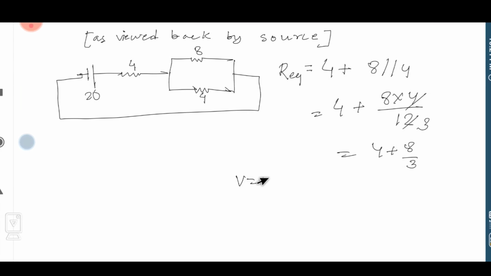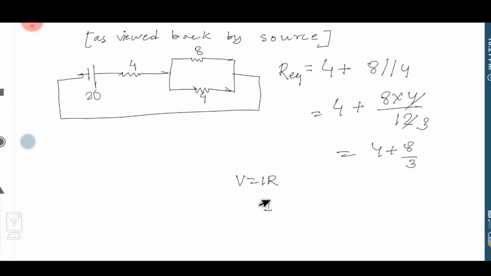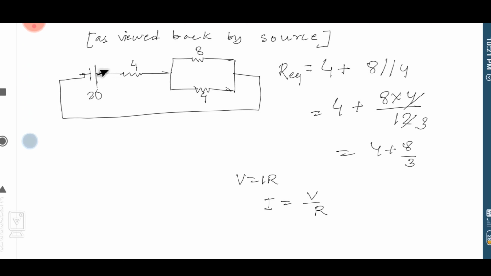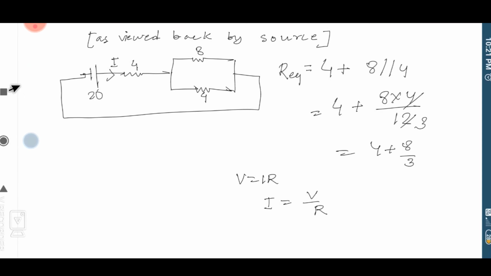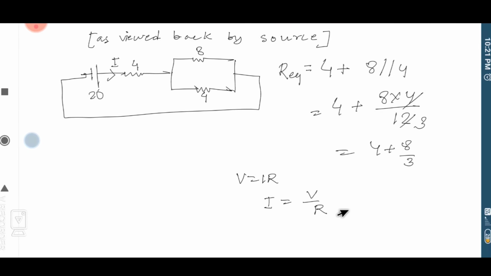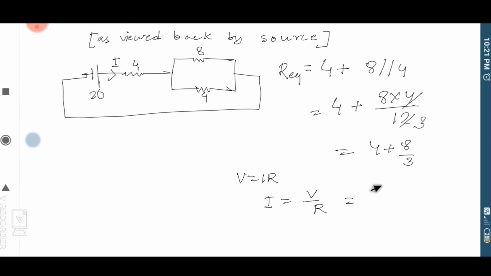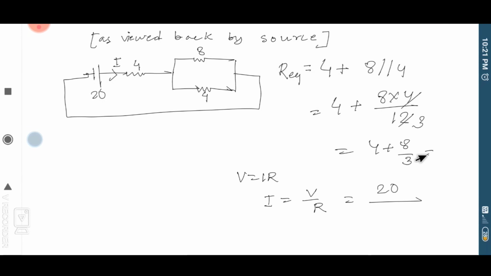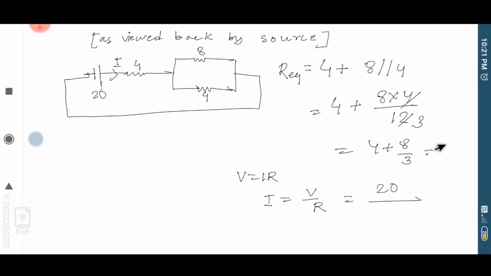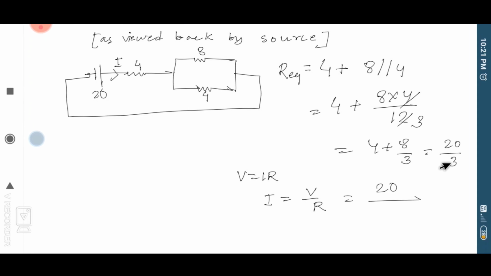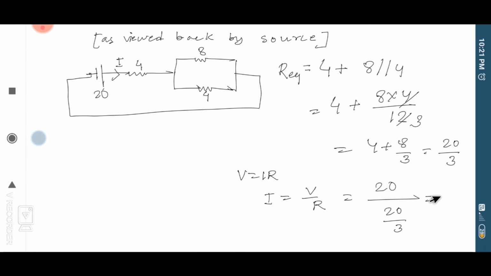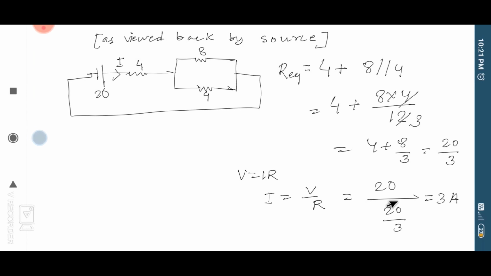V equals IR, we know that, so I would be V by R. Here V is 20 volt, and I is in this direction. So 20 divided by, simplifying, 12 plus 8, 20 by 3. Hmm, so the answer would be 3 ampere.